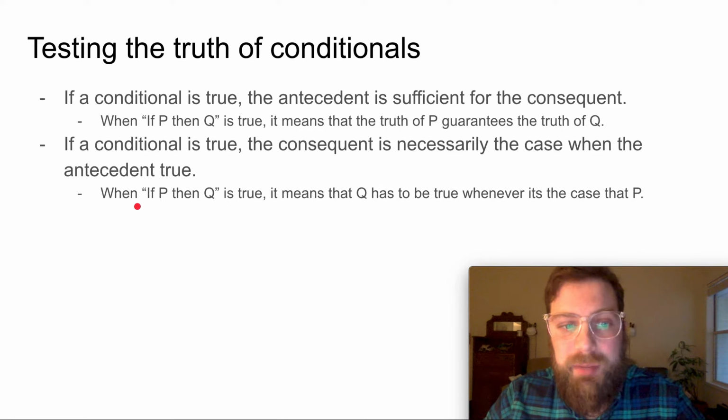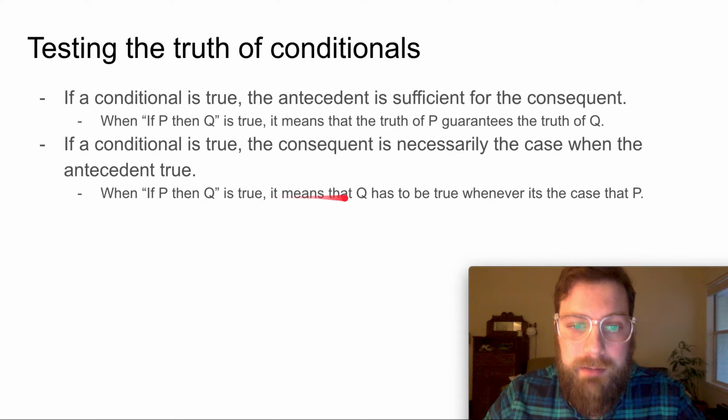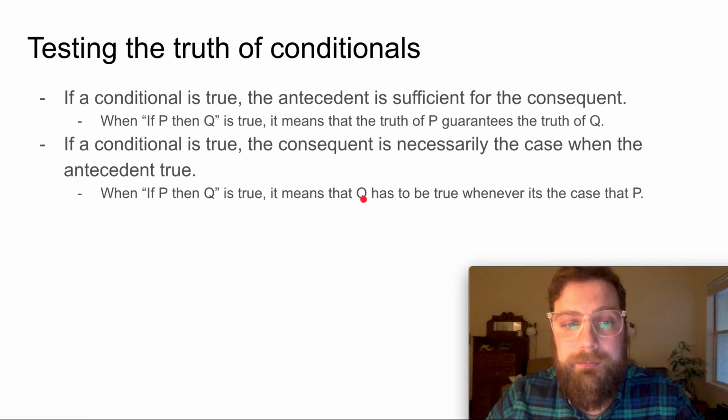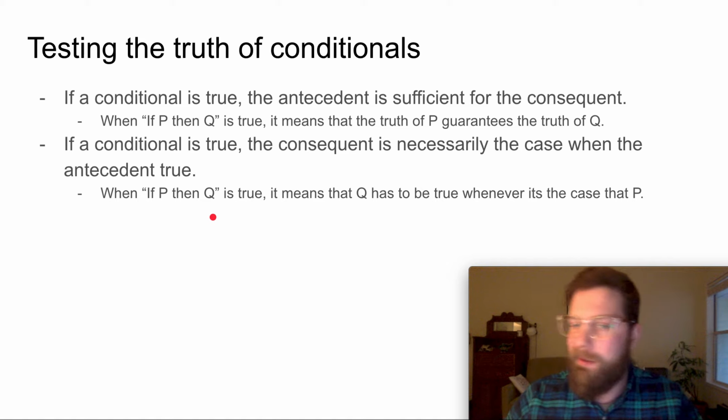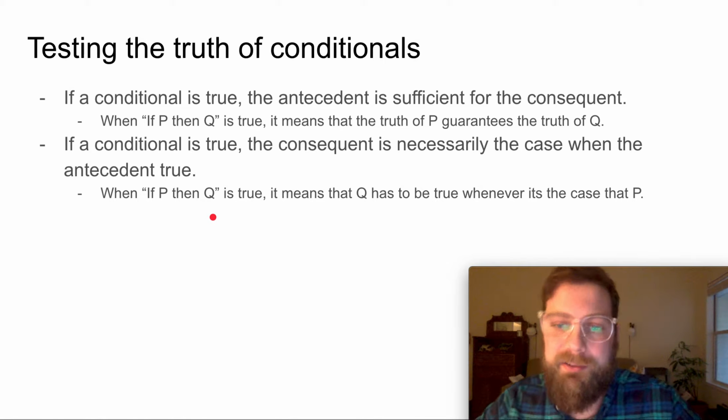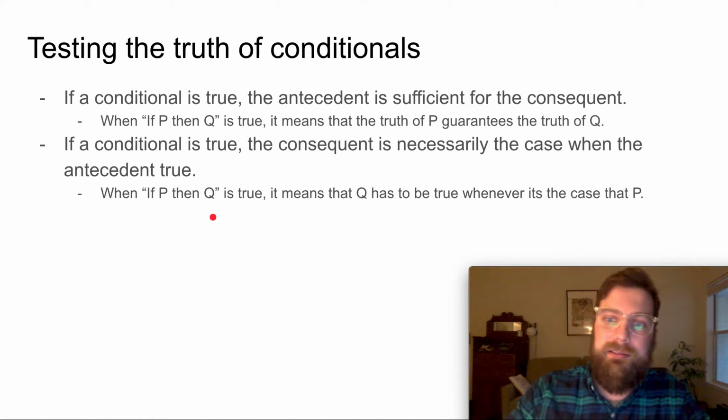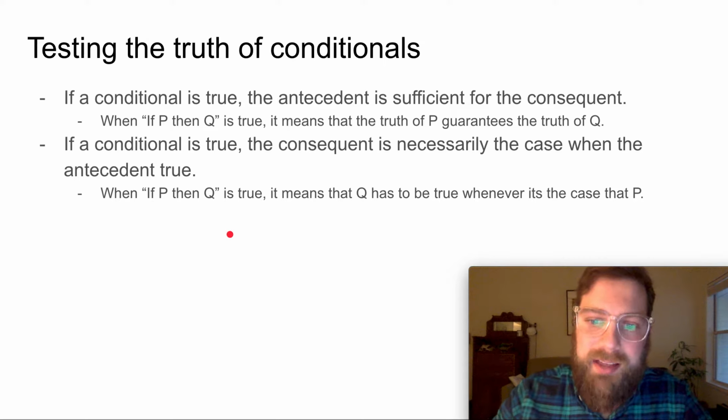So if I say if P then Q is true, it means that Q has to be true whenever it's the case that P, right? If P, then Q is guaranteed, or Q necessarily follows from P. That's right within the wheelhouse of our talk about necessary and sufficient conditions from the last little video that you saw.